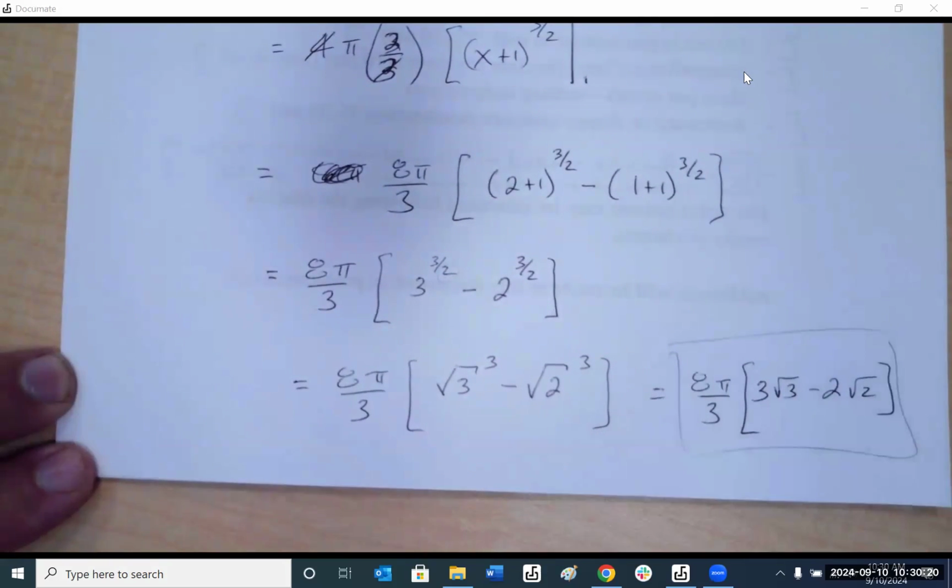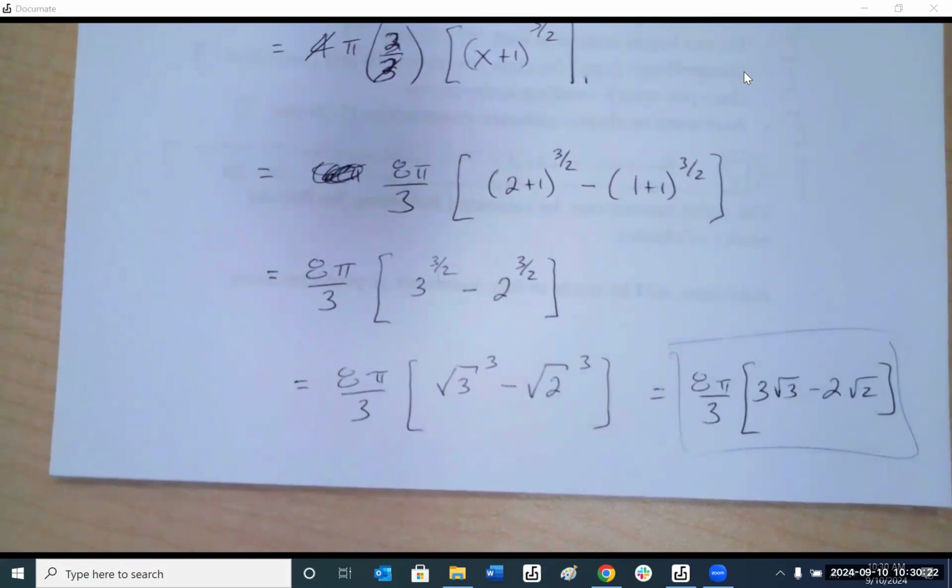And there's your answer. It's exact. The only thing different between this and what we did earlier was we have 2 pi in front, and the function itself. It's not that much of a difference.